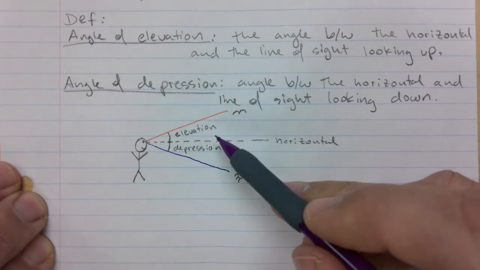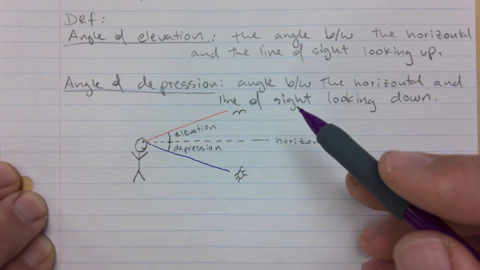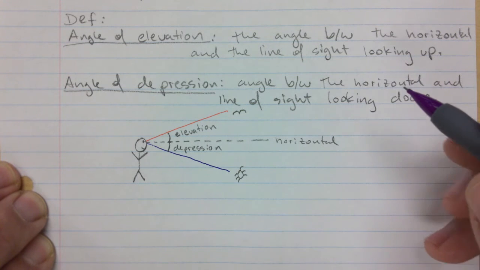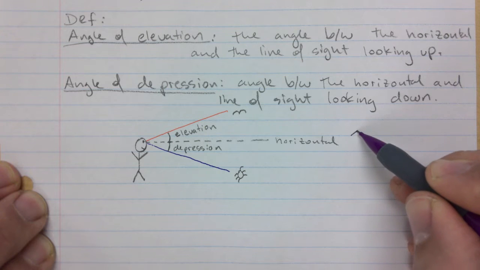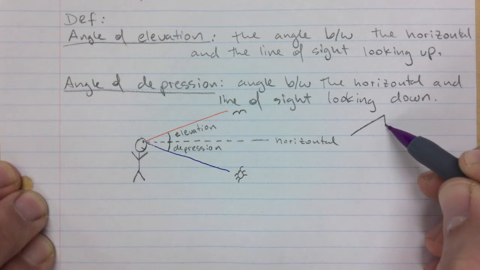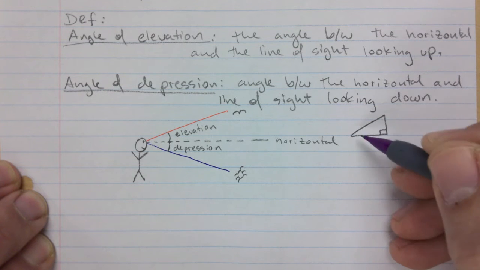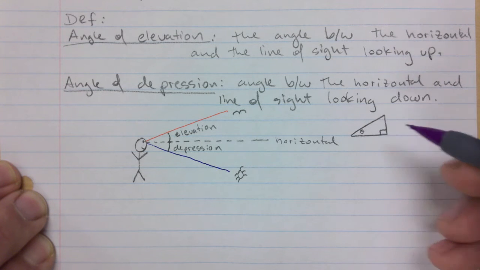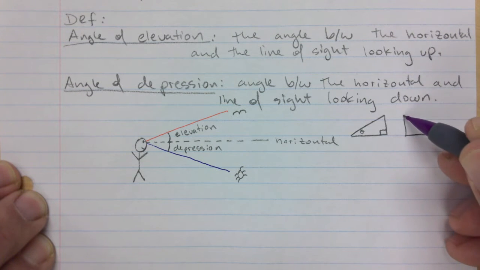So when there's an angle of elevation mentioned, the triangle will look like this and like this.